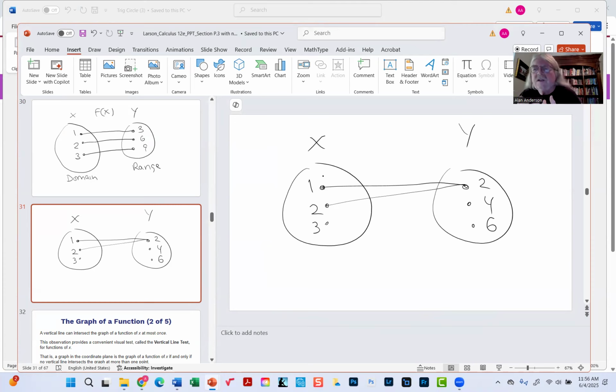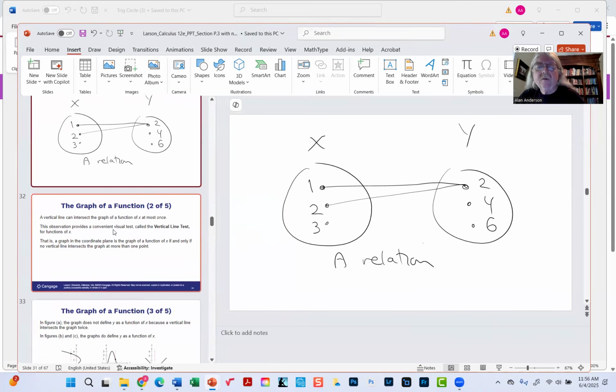This one doesn't qualify as a function because x equals 3 is not associated with any of the elements of y, rather. Even though it's not a function, it still is referred to as a relation. So you can think of a function as a special type of relation.